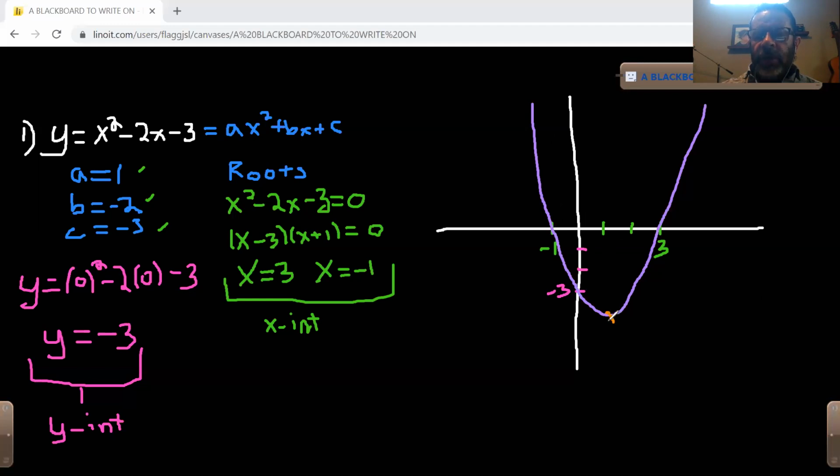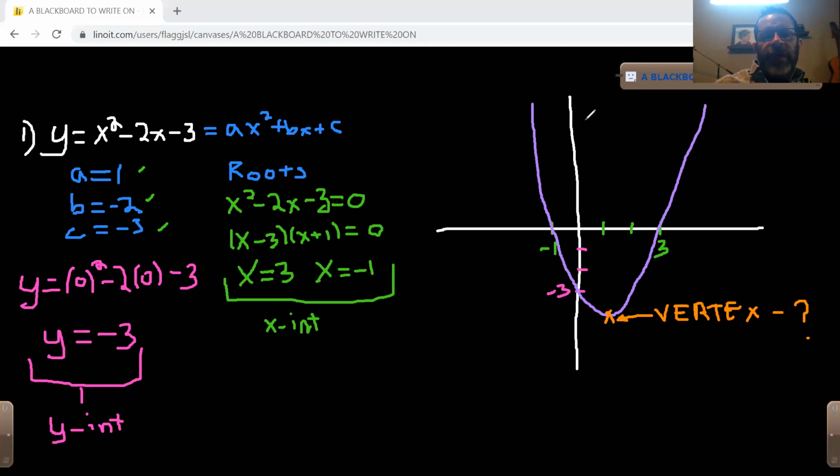What is this point called? The vertex. So we don't know the value of the vertex. And it would be very useful to have that value. We don't know that value. Let's try to find it.